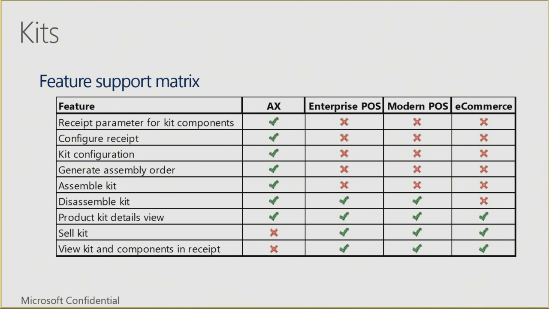Selling is not supported in AX, but since it's a customer-focused scenario, it is enabled in both POSs as well as in e-commerce. The printing and viewing of the receipts that contain kits and components will be visible across all 3 channels. When I say channel, think of the 2 point of sale applications as well as e-commerce.